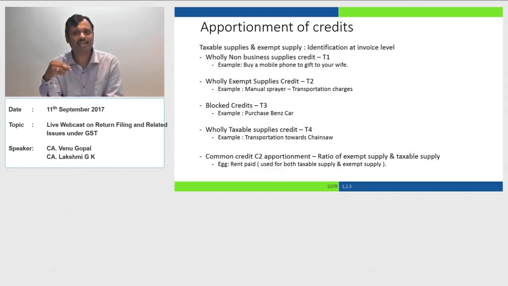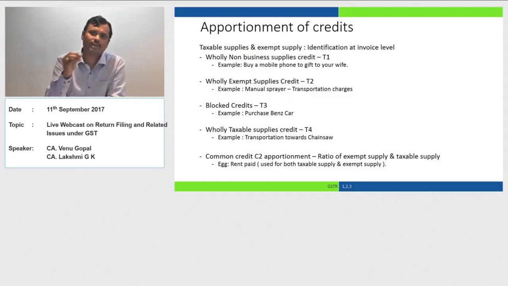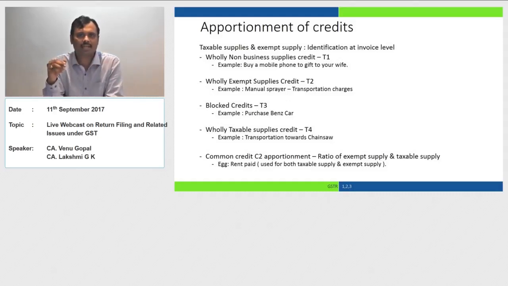The situations where you have inputs both for taxable and exempted goods are called common credits. So what is eligible input tax credit for you is T4, which is wholly or exclusively used for the taxable outward supply, and common credits.